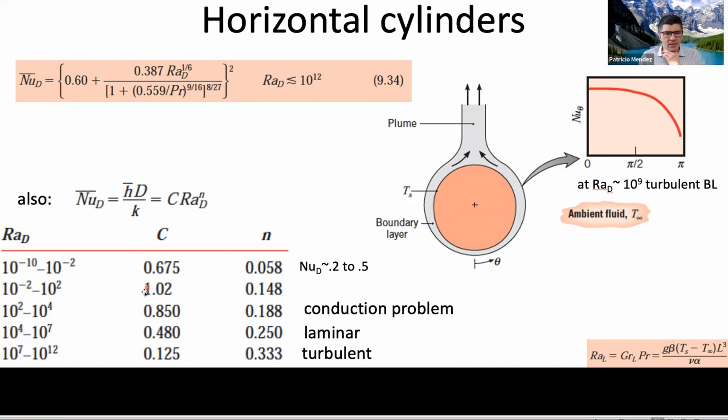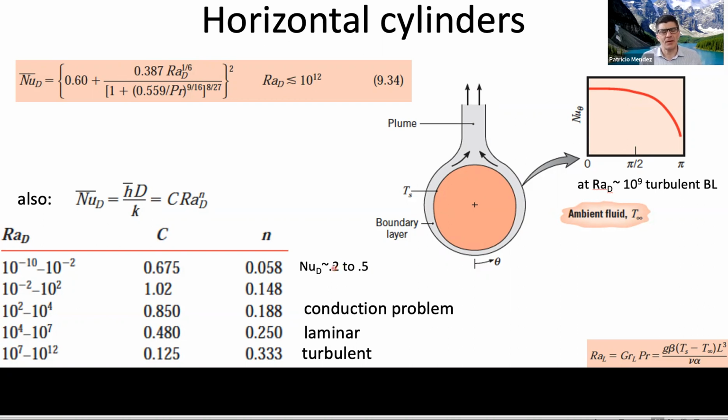And when we see for really small Rayleigh numbers, if we were to calculate Nusselt, we would get a value of 0.2 to 0.5. And if you remember, for Rayleigh essentially 0, this would give us 0.36, this 0.6 squared. So it's right in the middle of this.